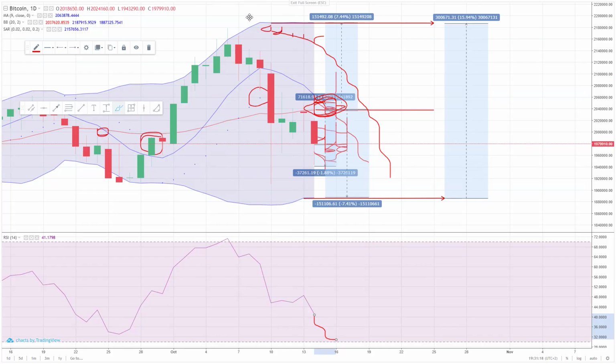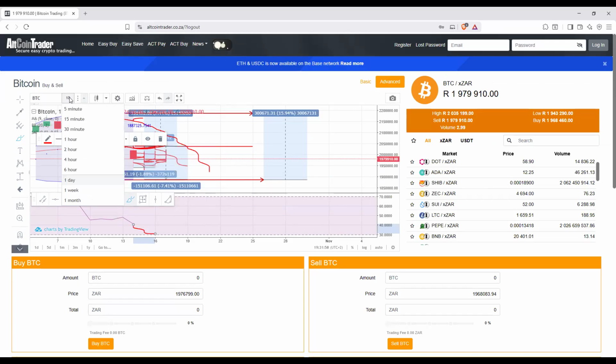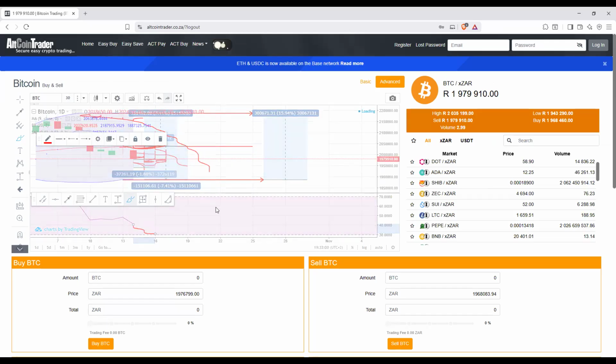So are you short term, medium term, or long term? Or sometimes a combination, but you'll say, I want to trade Bitcoin short term. I want to make daily profits. Then I'll say, okay, to make daily profits, we need to find a nice entry point. So let's change this back to 30 minutes.